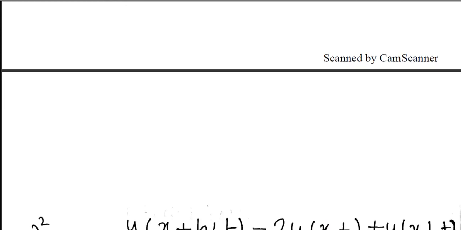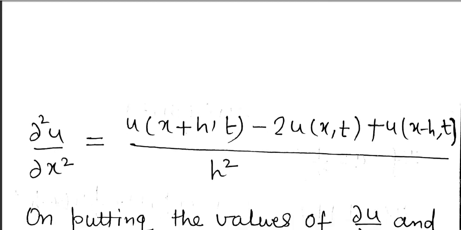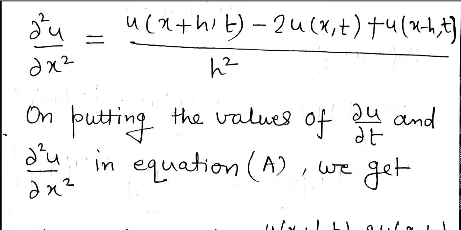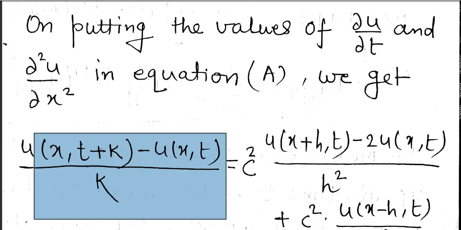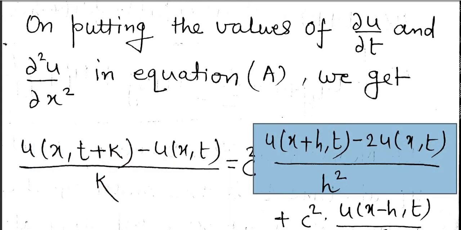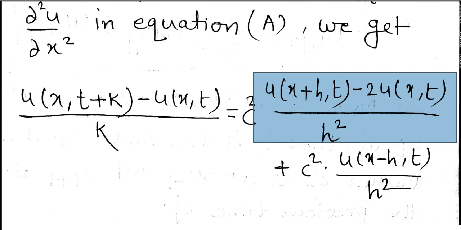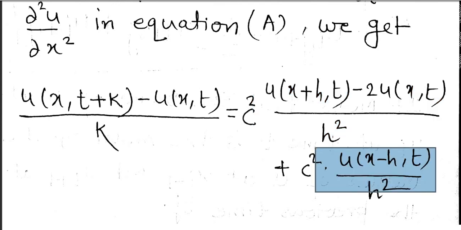then we get u(x, t plus k) minus u(x, t) upon k, which is equal to c square u(x plus h, t) minus 2u(x, t) upon h square plus c square u(x minus h, t) upon h square.